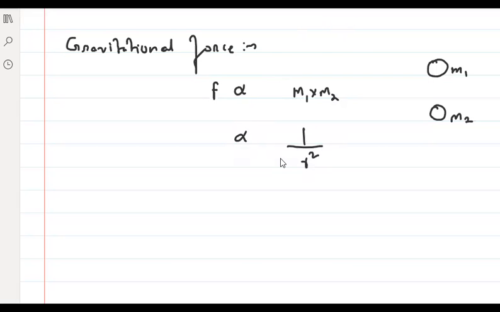Makes sense? Because if two objects are far apart, the force will be less. So if you club these two, the force is directly proportional to m1 m2 by r square.